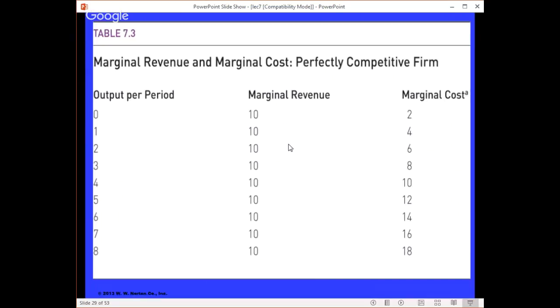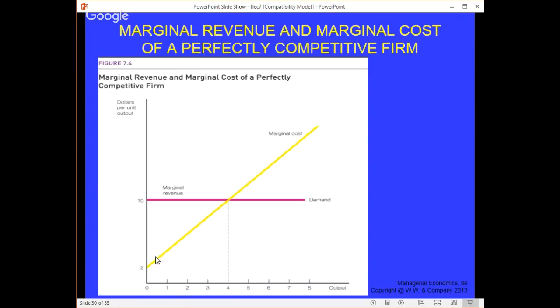So in this case, marginal revenue equals marginal cost at 4, just like we got mathematically. And graphically, I have my marginal cost curve upward sloping. I have my horizontal demand curve at 10, and they intersect at 4 units of output.